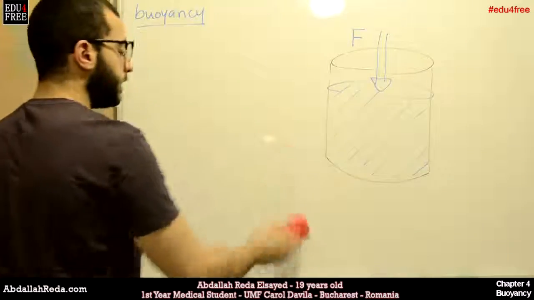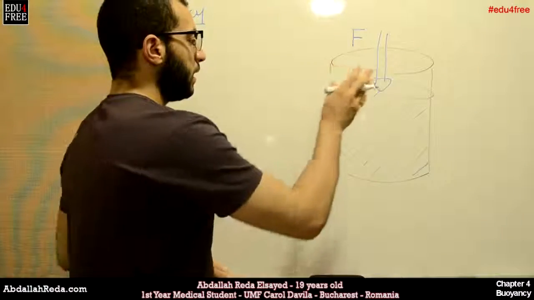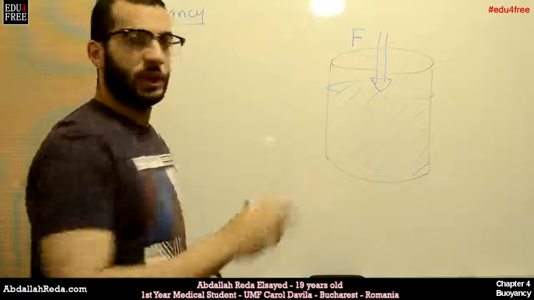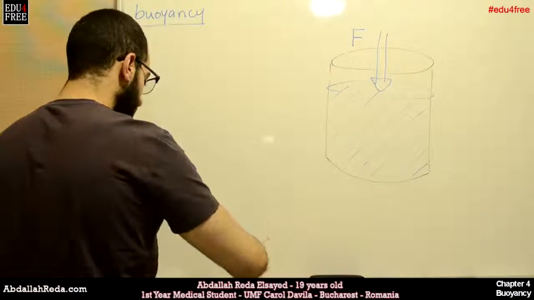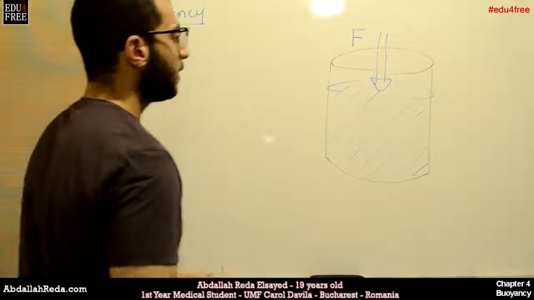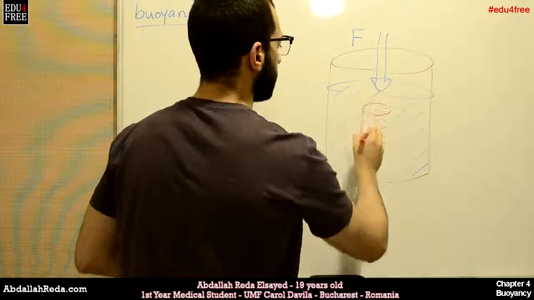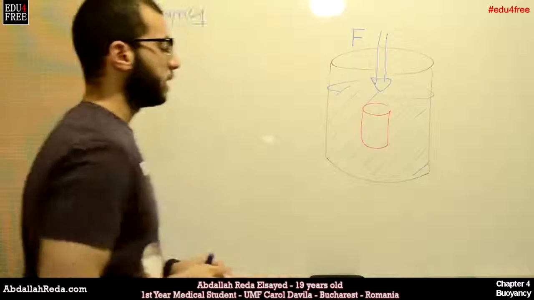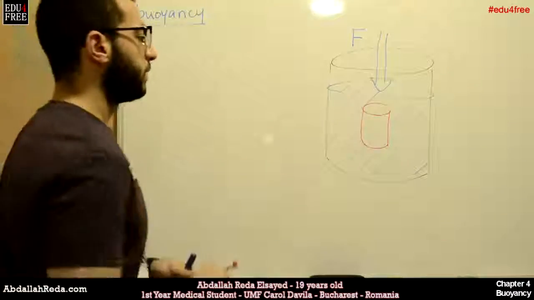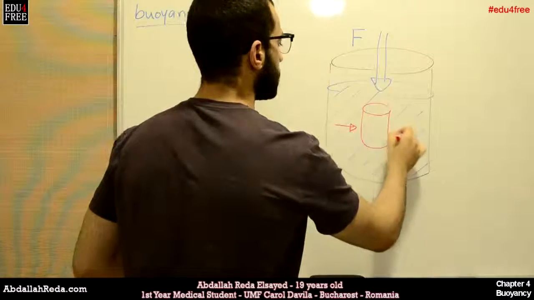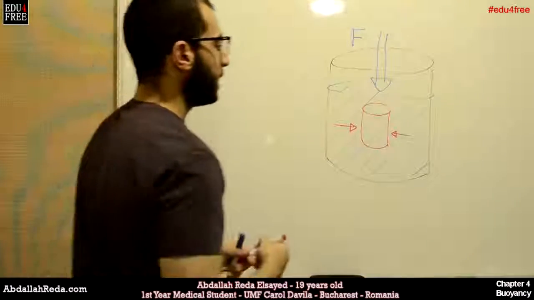And we can calculate this force by supposing that the liquid itself is the object that we're dealing with. So we will take a part of this liquid and assume that it is the object that we dropped into the liquid. So we'll take a cylinder like this of the same liquid and see the forces that act on this cylinder of liquid. We will see forces from the sides, but these ones will cancel each other because they are opposite in direction.